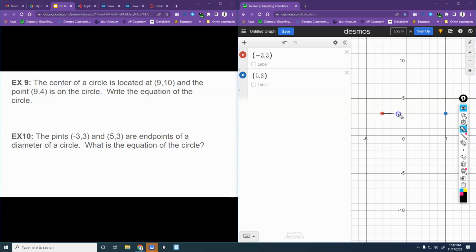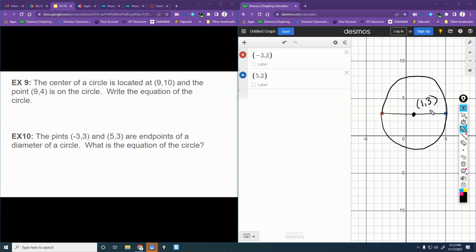Which means that goes all the way across the circle, which means the circle should roughly look something like that. So where would the center be? What would the coordinates of the center be on that? 1, 3. Right there. 1, 3 should be my center.